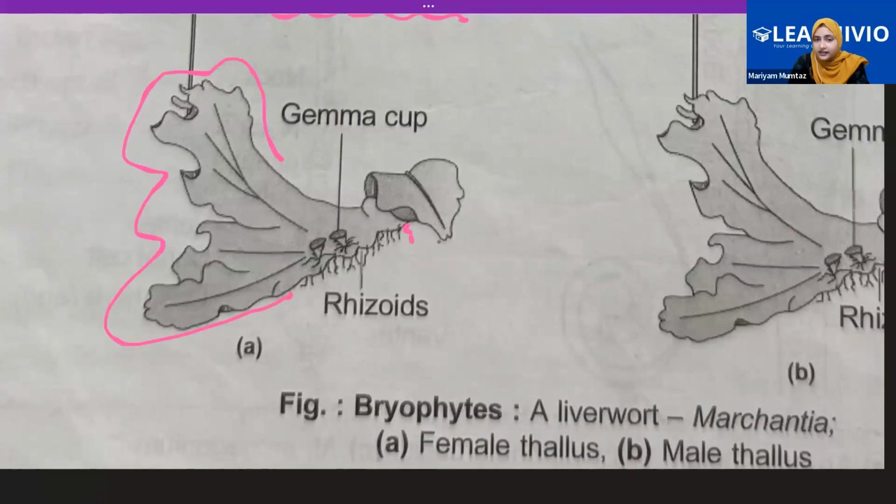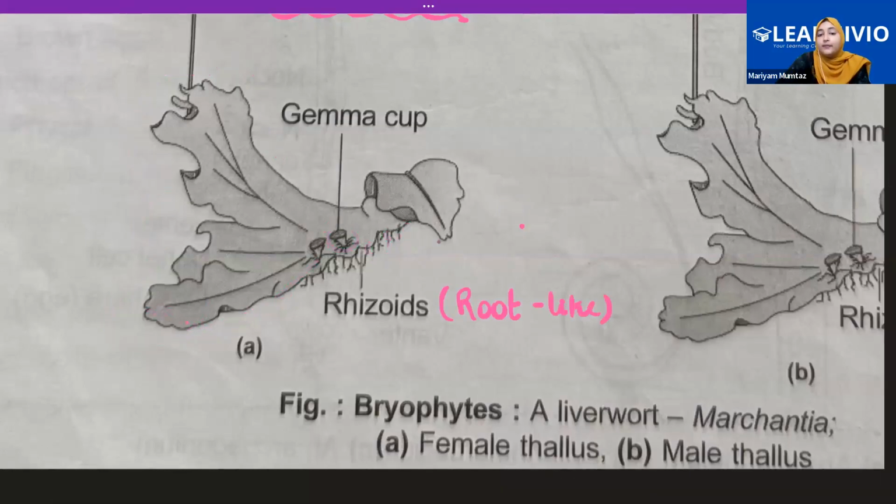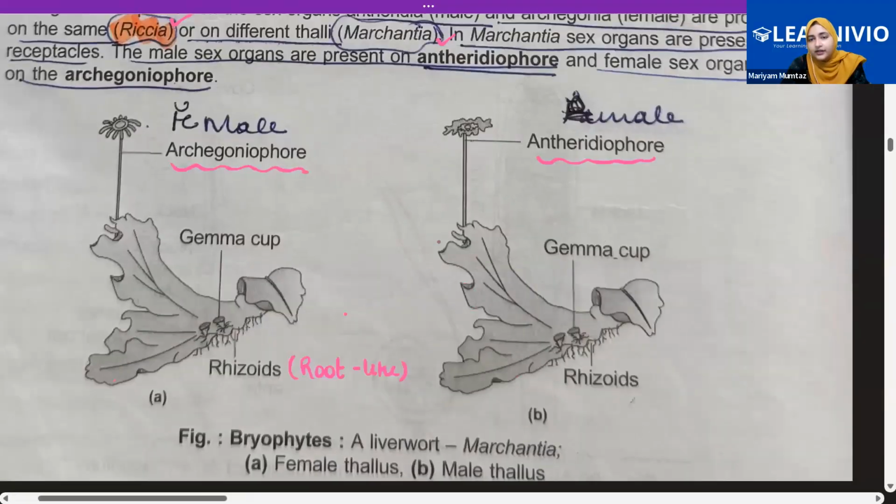You see branches over here, tiny thingies. These are the rhizoids, which is the root-like structure that they are talking about. And then, see these structures, these are the gemma cups, and they give rise to the gemmae and they are responsible for the asexual reproduction.